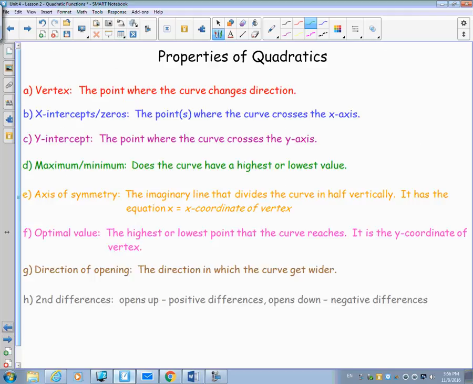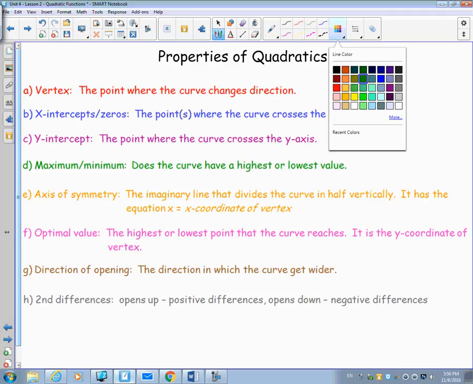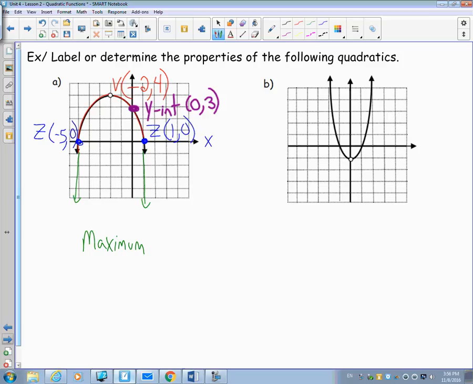Okay, the axis of symmetry. Now this is a little tricky, this one. It's an imaginary line that divides our graph in half vertically. It has an equation, x equals. So I'm going to draw the axis of symmetry in here. The imaginary line goes right down the middle of the graph. Everything on either side of it is symmetrical.